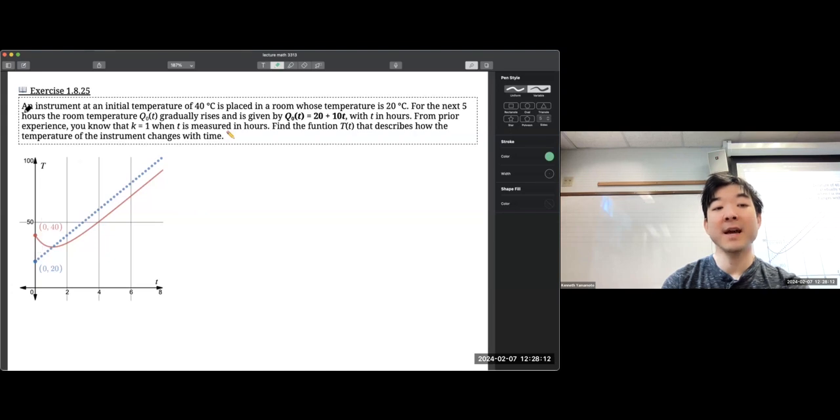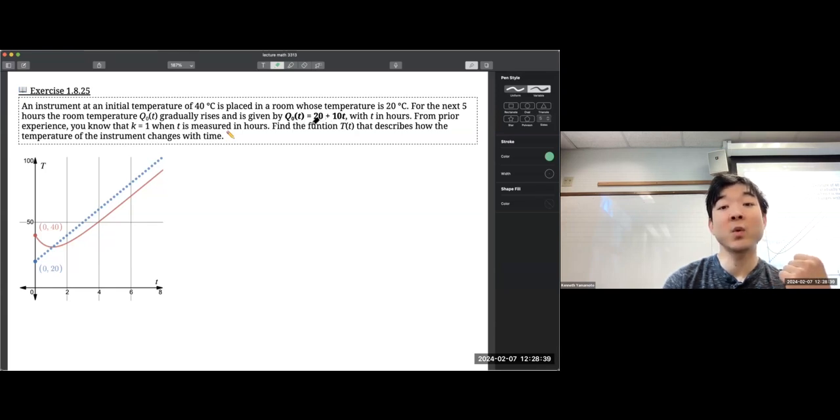Suppose now instead you have some instrument that has an initial temperature of 40 degrees, is placed in a room whose temperature is initially 20 degrees, but for the next 5 hours, the temperature in the room is actually being increased, and it's increased by 10 degrees every hour. So the Q naught, which is the ambient temperature, is not a constant.